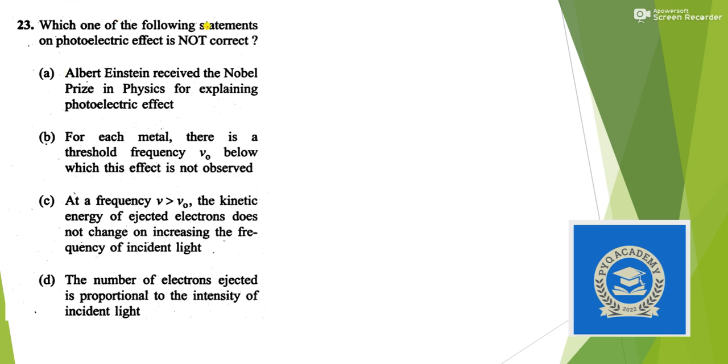Now, which one of the following statements of the photoelectric effect is not correct? Okay, so although the photoelectric effect is given in higher NCERT, it is an important topic, so you should remember its use or its definition. First is Albert Einstein received the Nobel Prize in Physics for explaining the photoelectric effect. Yes, this is true. So let's know what the photoelectric effect is.